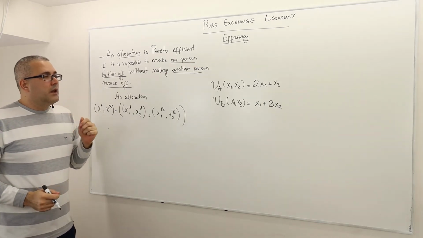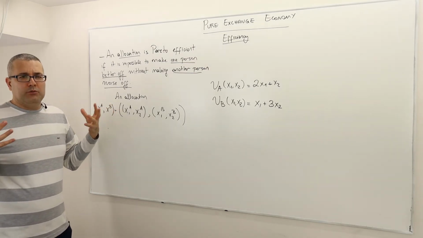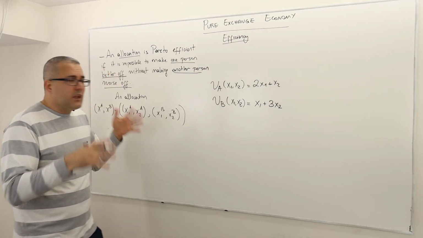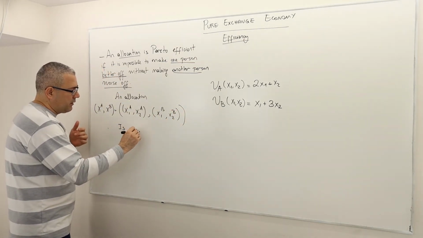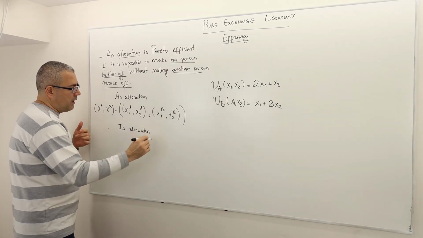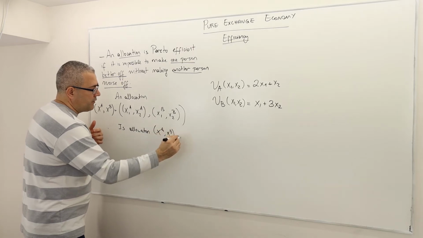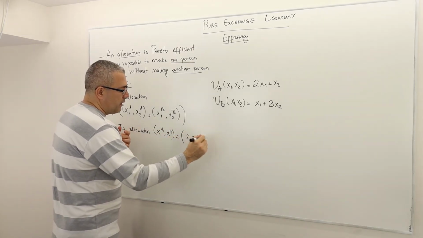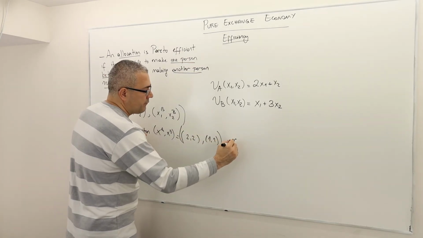Here, what we need is the boundaries of this problem, right? Meaning, for example, the question is: is the allocation XA, XB, equal to, for example, (2, 2), (1, 1), efficient?